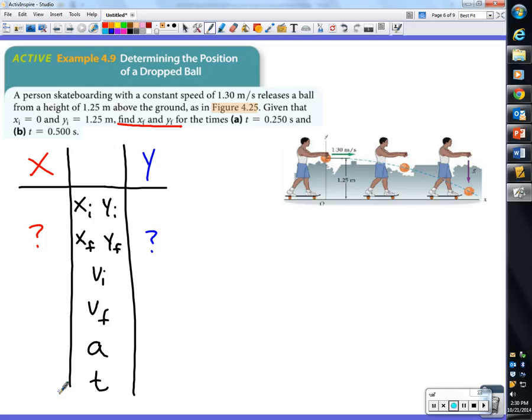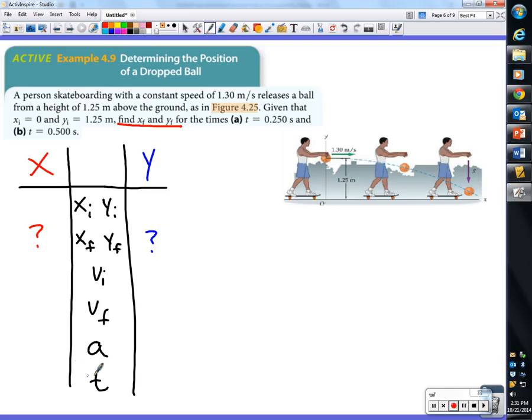All right. Next, I will start off the problem like this. There are two things in this table that we can fill in right away before we even read the problem. There are two things that are going to be the same in every single problem that we do going forward in section 4.4.